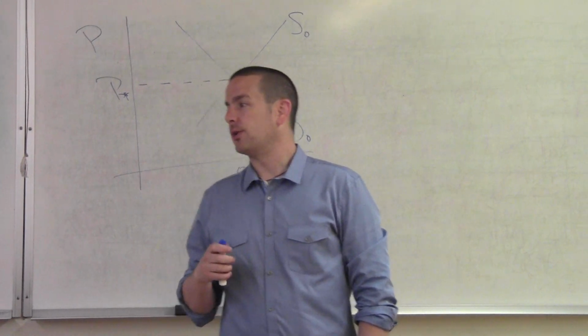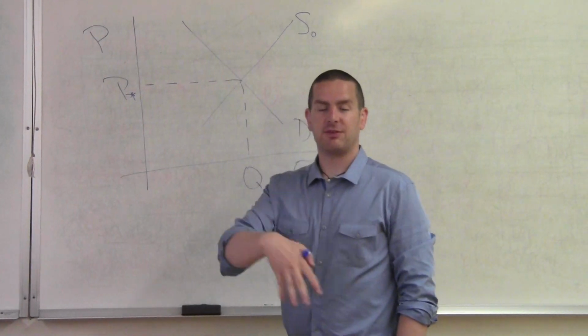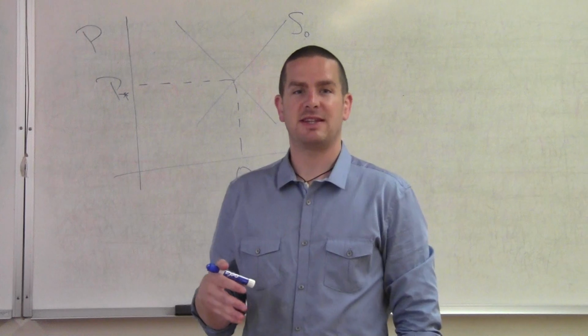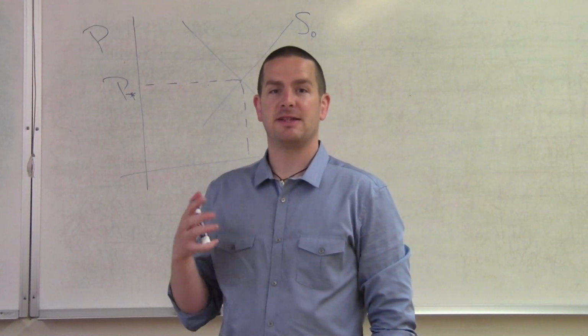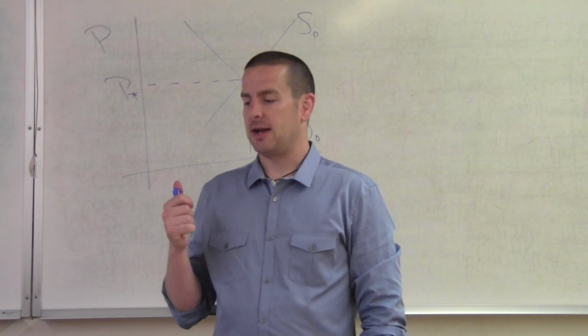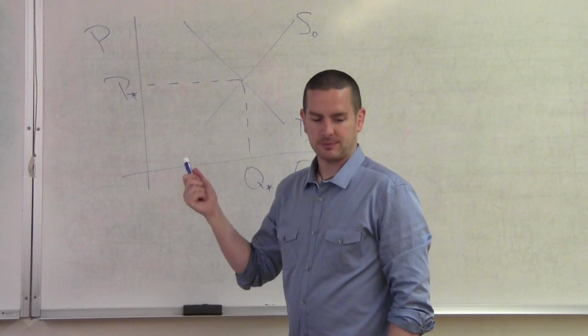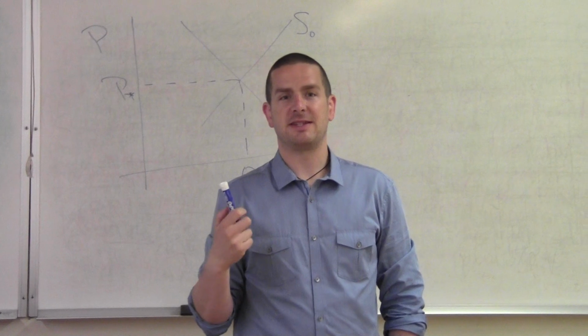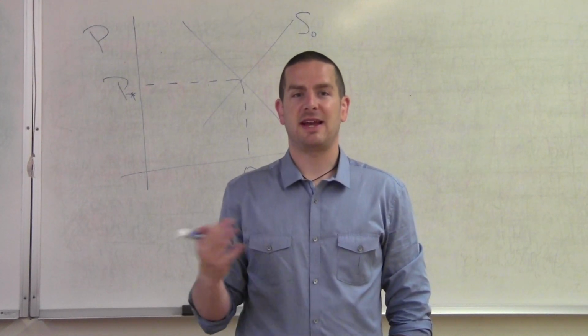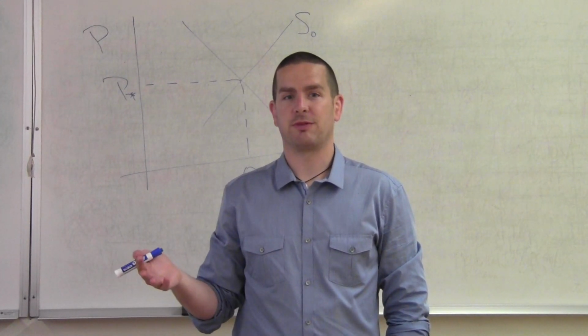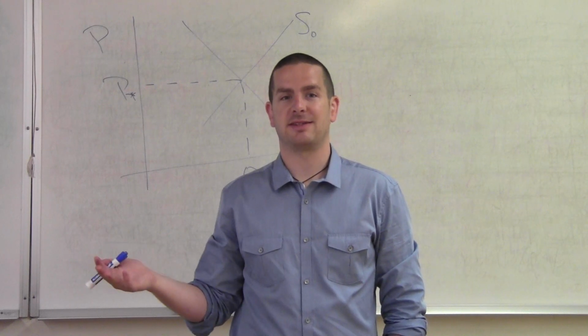Now I mentioned that after we did that, we were going to segue to doing some supply and demand problems. Now that we have the tools necessary to perform supply and demand analysis, we're going to segue to actually performing a supply and demand analysis.